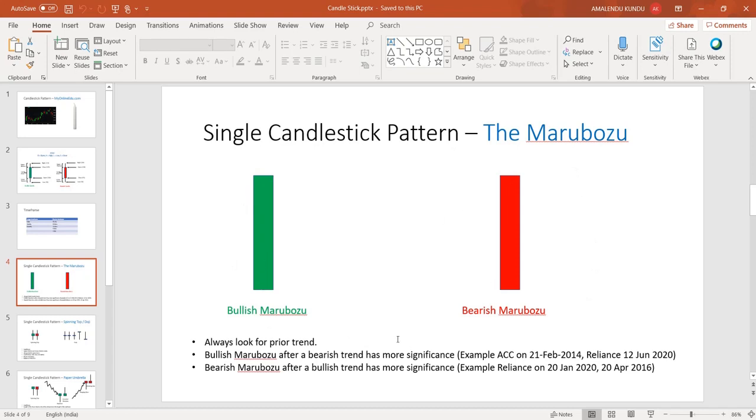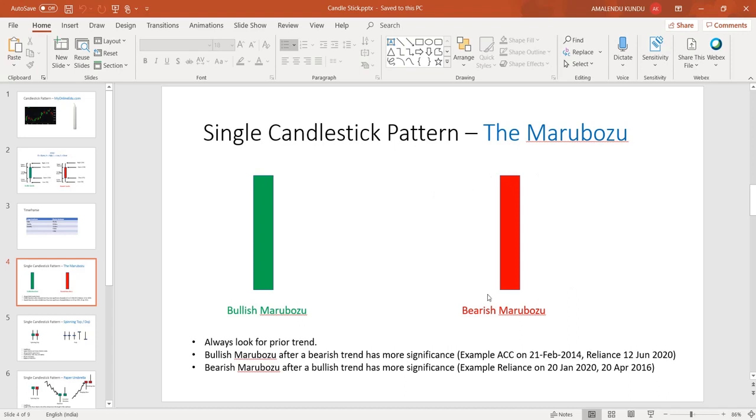Now don't look at this candlestick pattern in isolation. Always look for the prior trend. For example, if a bullish Marubozu appears after a downtrend, it can be a good signal. You can predict that the price of the stock now may go up.